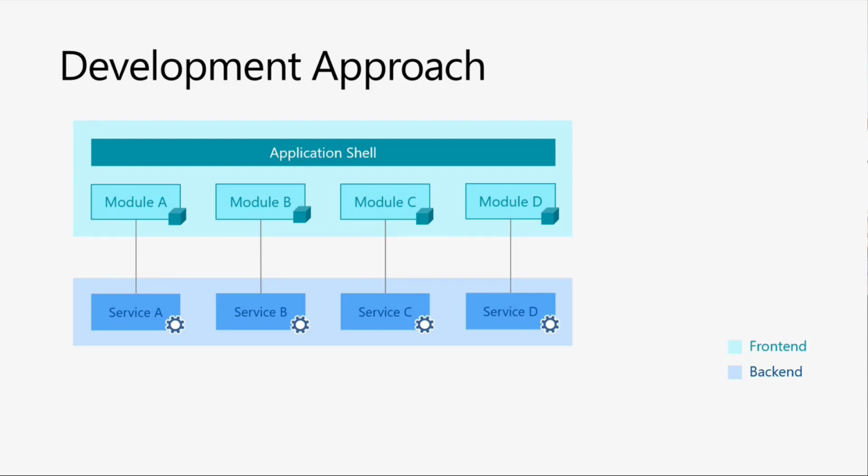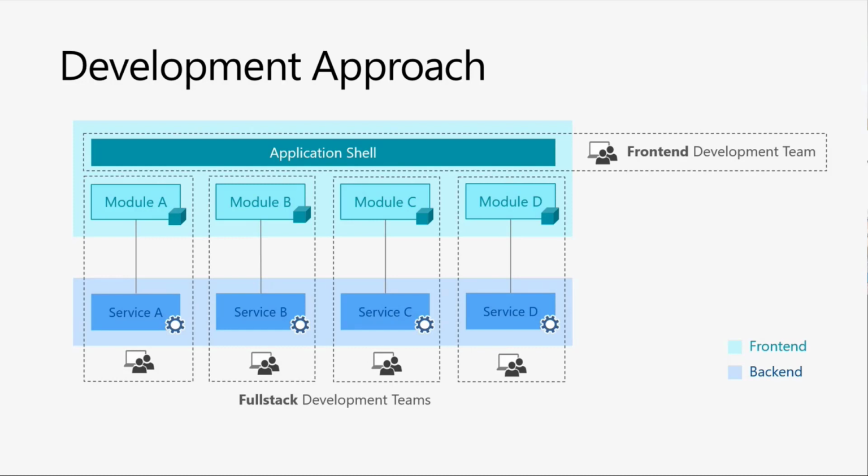It doesn't really matter. Then you also have the possibility of cutting your teams in that mode, where you have a dedicated development team for the application shell. Usually it shouldn't be required to work on it that often. Once that thing is fully set up, it usually has barely any maintenance effort.